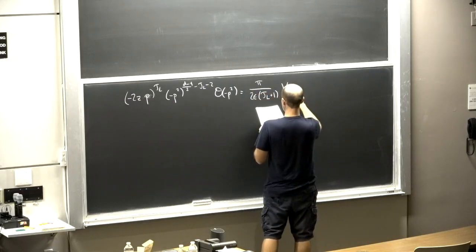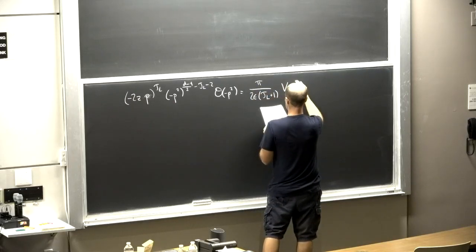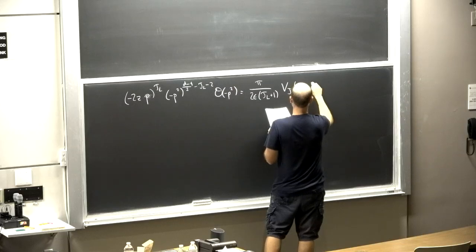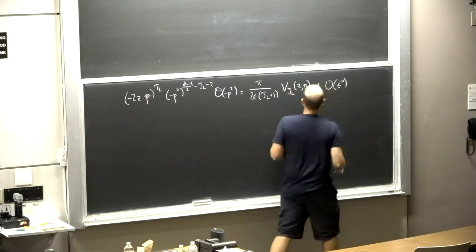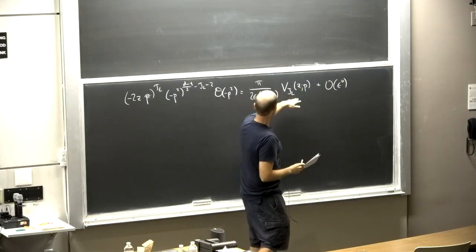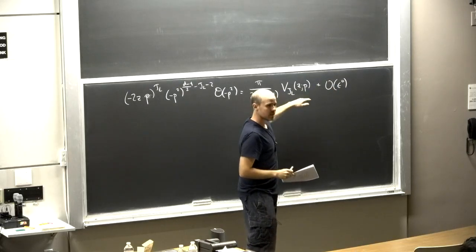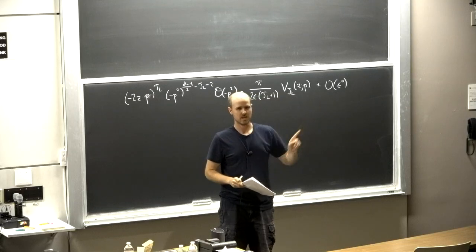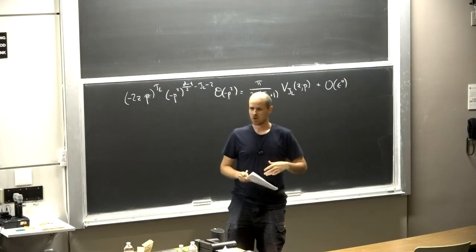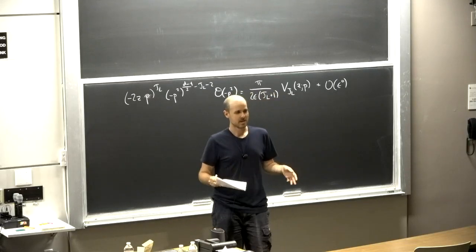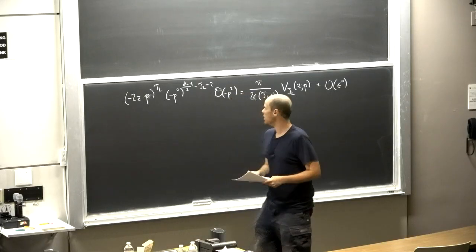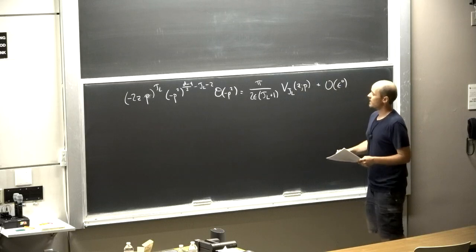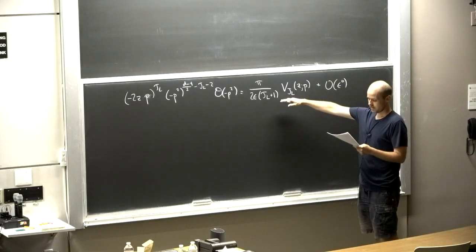It's proportional to the tree level vertex. This should make sense intuitively because the tree level vertex is a delta function that restricts p to be in the z direction. And I just argued that all the funniness is happening when p is on the light cone near the z direction, right? So the funniness happens there, and you get a delta function there, and it looks like this.